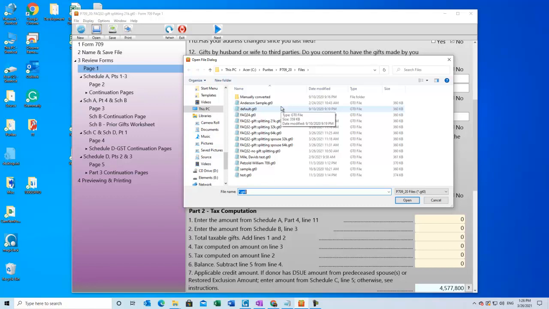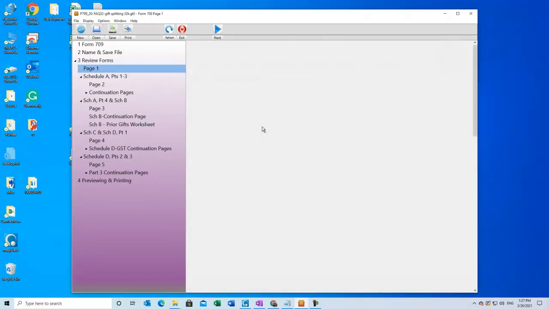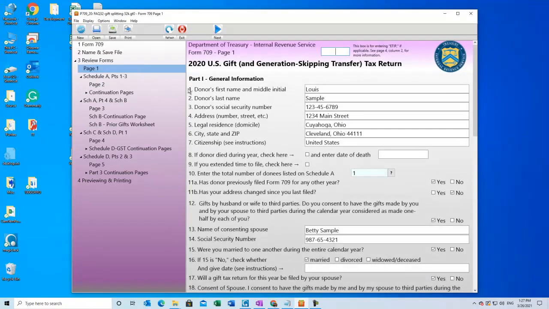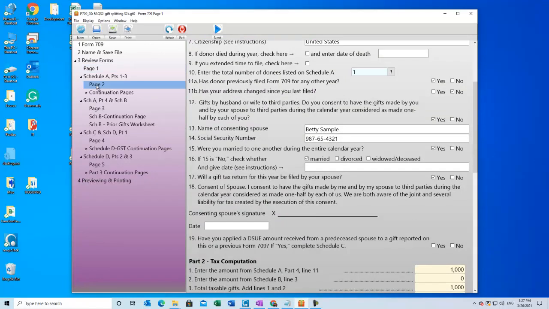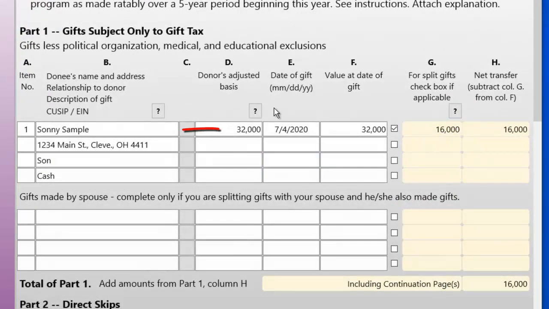So we're going to change this to where I'll load a different file here where there's a $32,000 gift, and same old stuff on lines 12 through 18 to show the consent. Let's go to page 2. There's that $32,000.